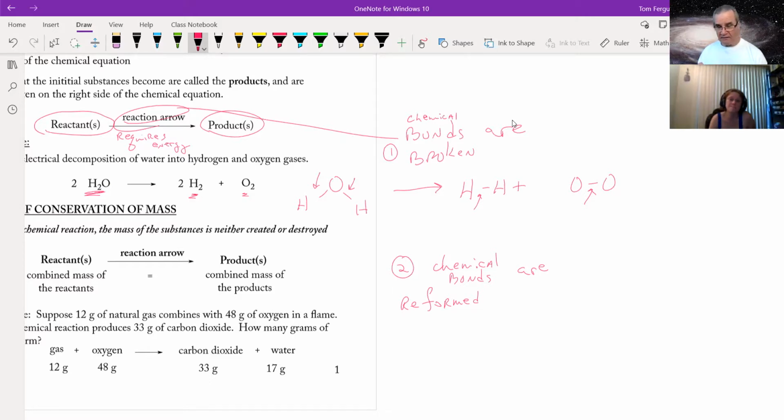Now, the energy may come in the form of ambient temperature that could supply the energy, or, like when we have a match, we have to strike it before it'll light up. If we have a piece of wood, it just doesn't spontaneously go into a fire. We have to light it with something and get it going first. So all these are forms of entering energy into this chemical reaction.